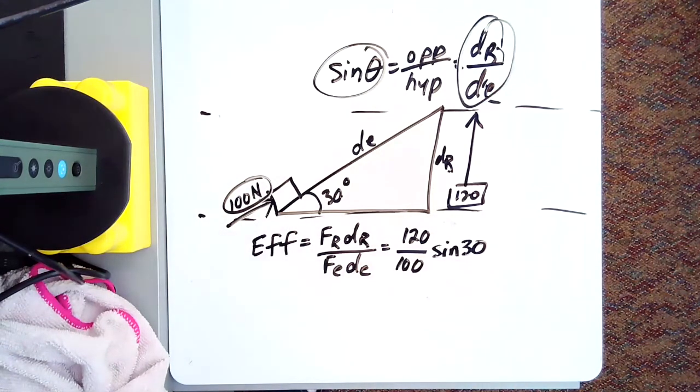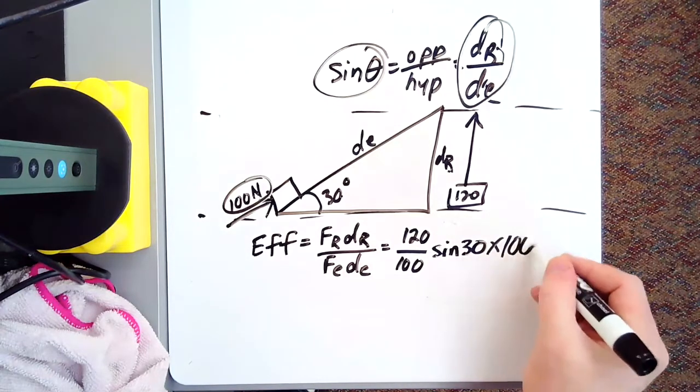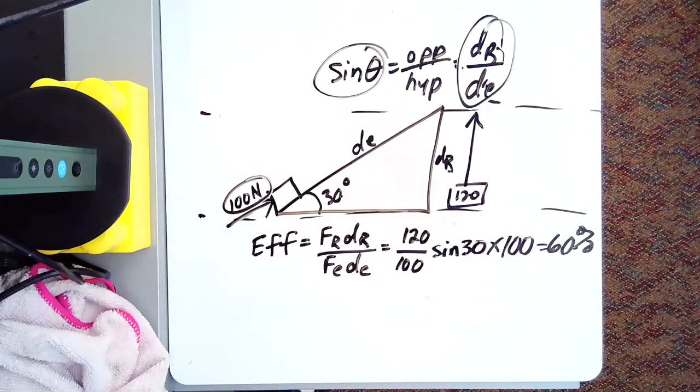I use it all the time. So 1/2 of 1.2, 1.2 divided by 2 is what? 0.6. And of course that's efficiency, so times 100% gives us 60%.